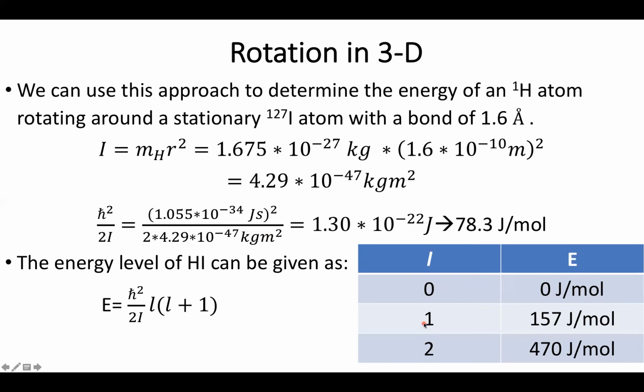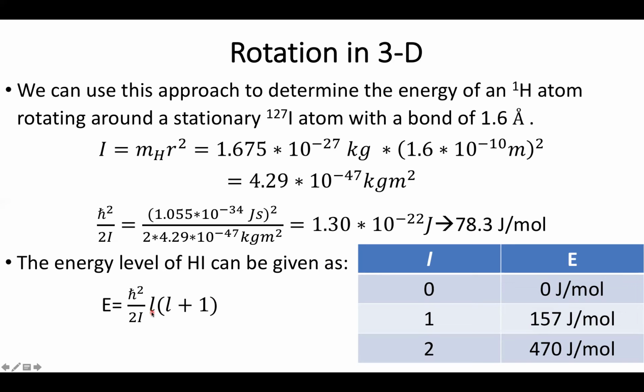If I have my first rotational excited state, energy can now simply be given as twice this separation because, again, L of 1, this becomes 2, this is 1, fairly straightforward.